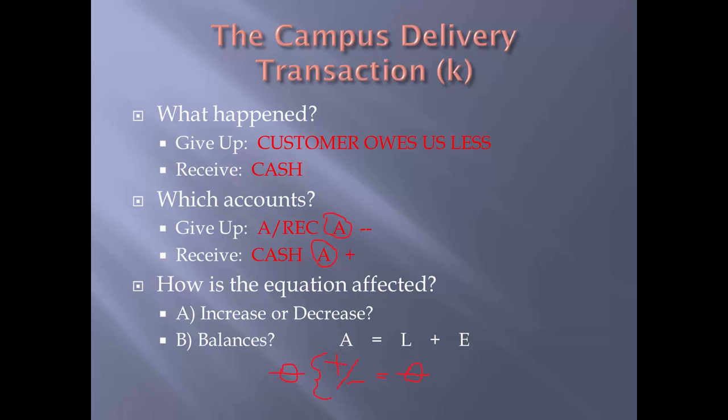For our increases and decreases, the customer owes us less than they did 5 minutes ago, and we have more cash than we did 5 minutes ago. We're going to have a plus next to cash and a minus next to accounts receivable. Again, this doesn't involve any equity accounts. I have a plus and a minus under assets, so 0 equals 0.